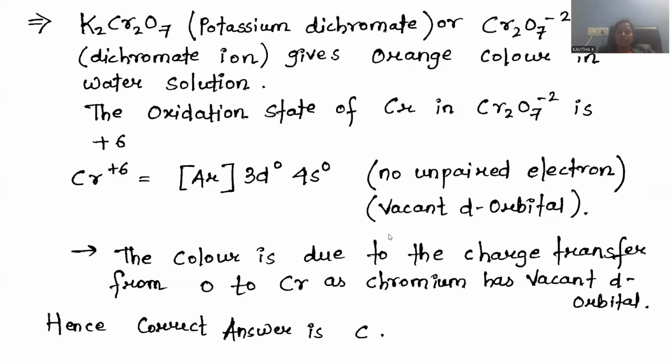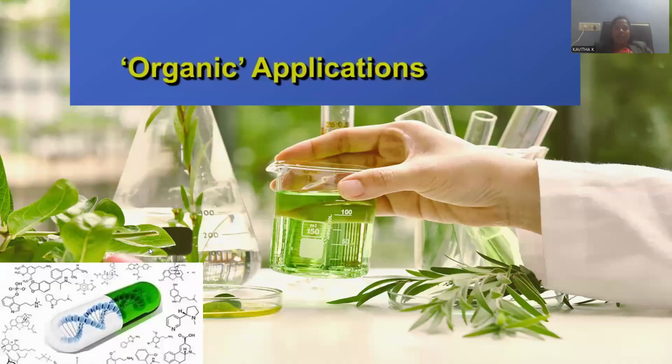Though it is completely vacant, it is able to exhibit an intense orange color. That is because of charge transfer from oxygen to chromium. Charge transfer spectra give intense colors for complexes. Chromium has a vacant d orbital, hence charge transfer is possible. That's why potassium dichromate exhibits an intensified color.